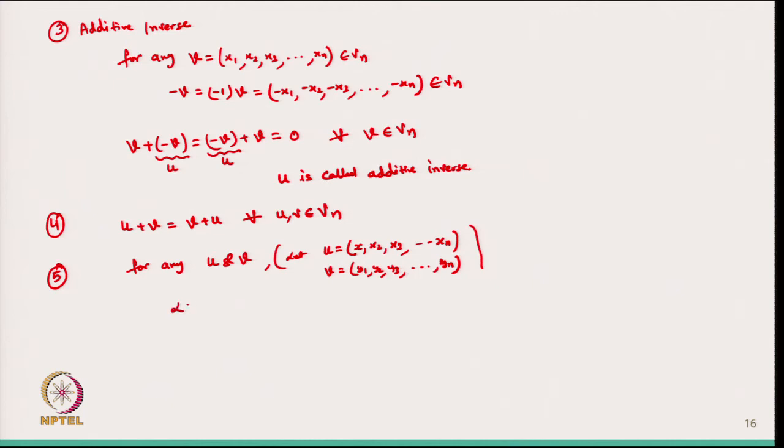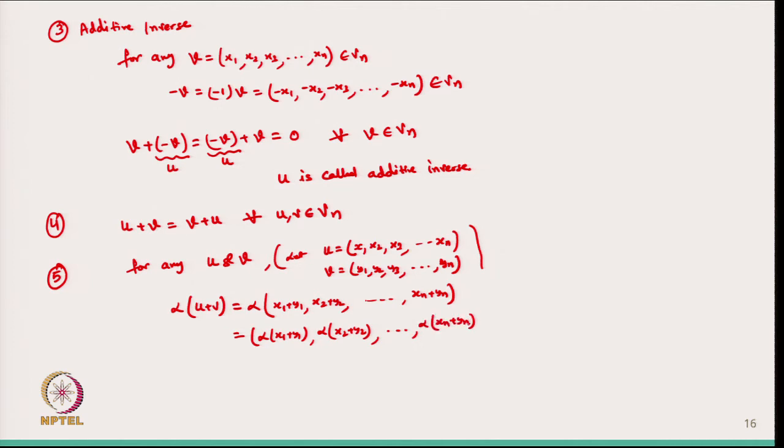Then alpha times u plus v. Here u plus v I can write as x1 plus y1, x2 plus y2, up to xn plus yn. This I take with the vector addition, and then I apply the property of scalar multiplication. So, this will become alpha times x1 plus y1, alpha times x2 plus y2, up to alpha times xn plus yn.